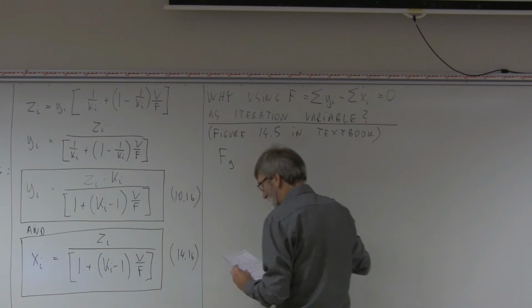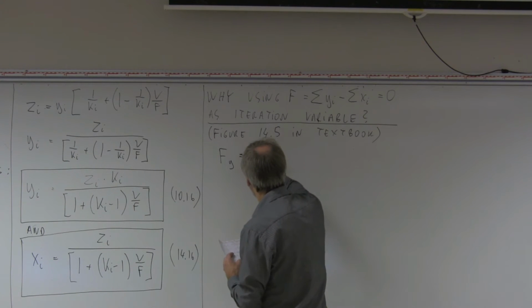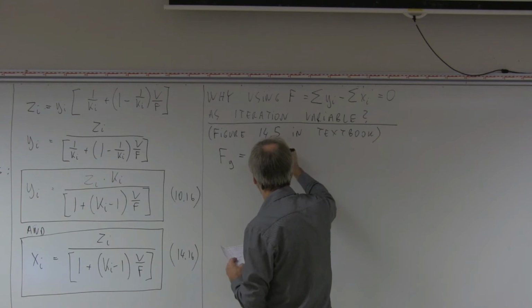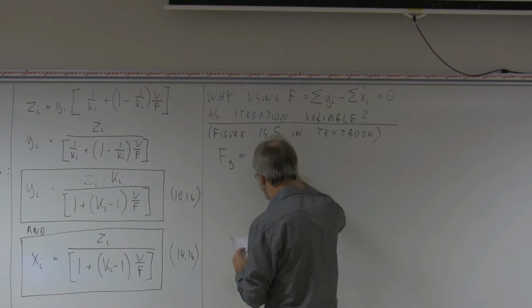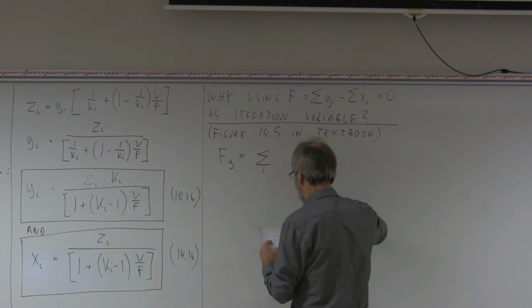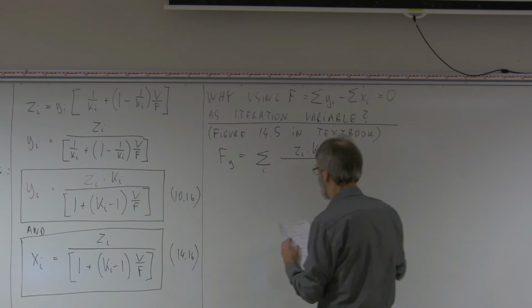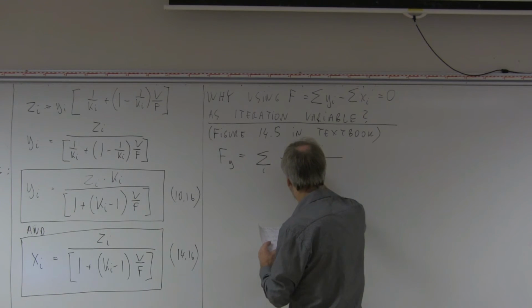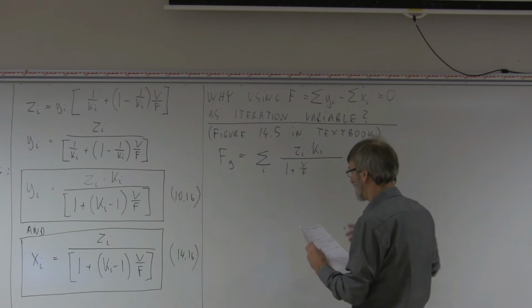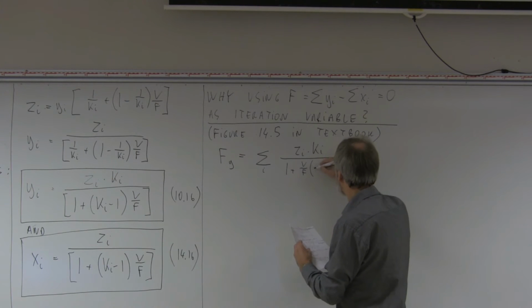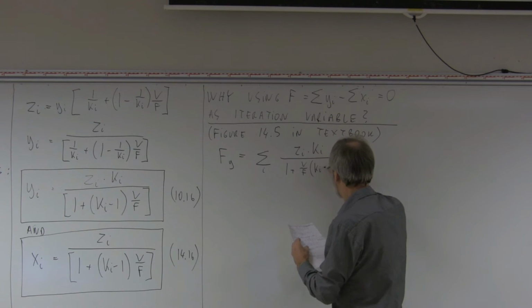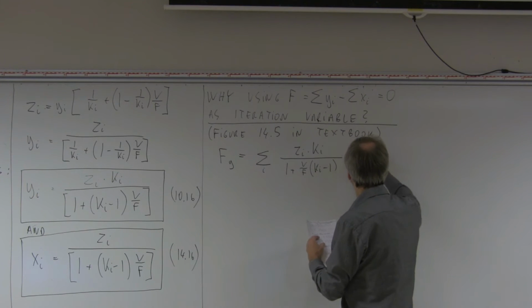We can make an f_y expression which is the sum of all i's of z_i K_i divided by 1 plus V over F times K_i minus 1, minus 1.